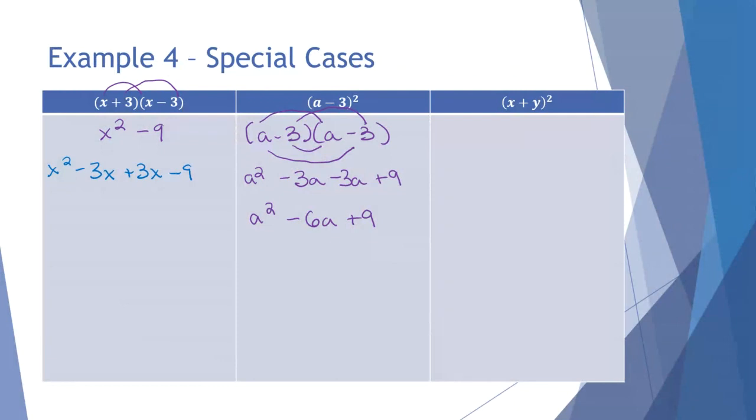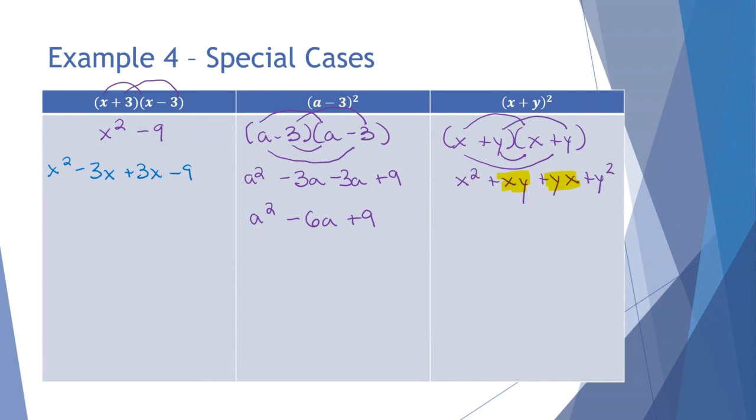And the same thing if we have x plus y squared. I'd write x plus y times x plus y. And then x times x is x squared. X times y is xy. Y times x, so that's yx. Y times y is y squared. Now, xy and yx are like terms.